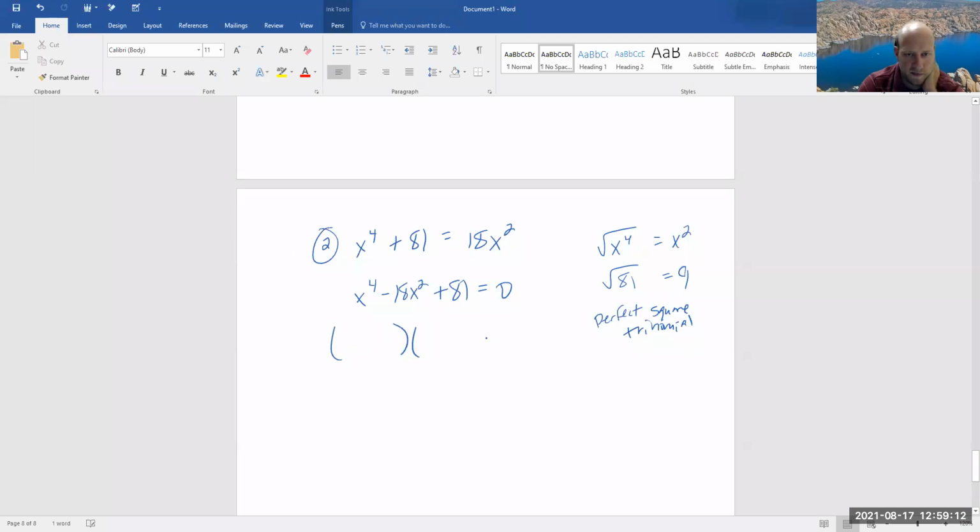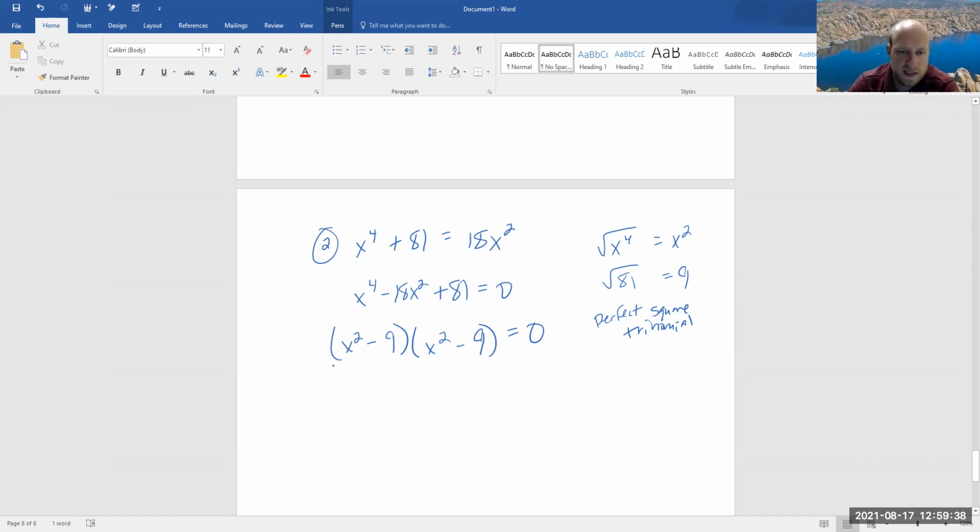Well, that means I can break it up like so. I can just have that this is x squared, this is x squared, this is negative 9, and this is negative 9 as well, because I want a positive 81 when I FOIL, and then I want a negative 18x squared.